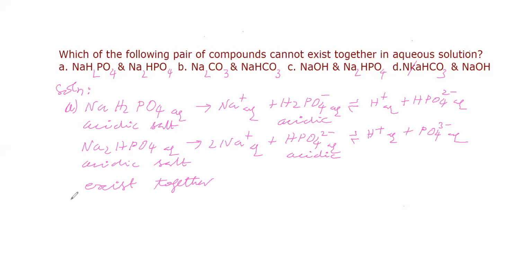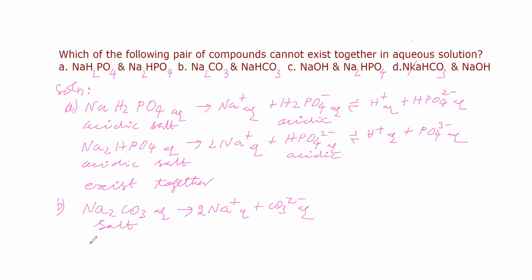In the second option, sodium carbonate is given. Sodium carbonate on dissolving in water exists in the form of sodium ions and carbonate ions. The carbonate ion cannot give H+ because it does not have any, so this is a normal salt.